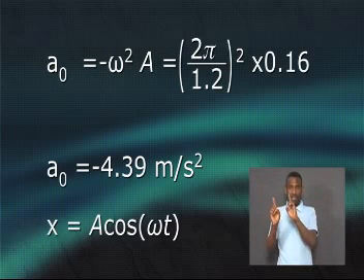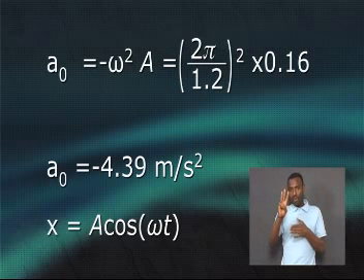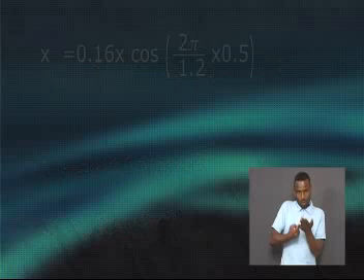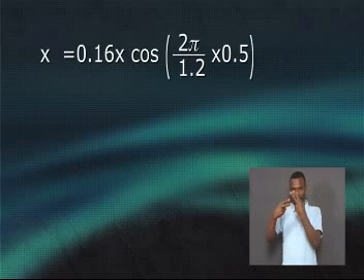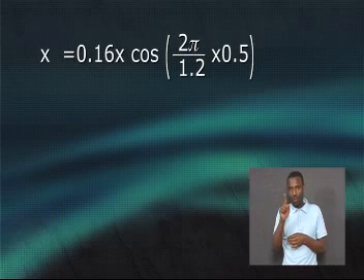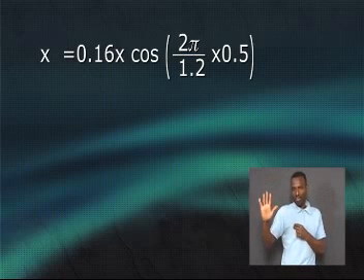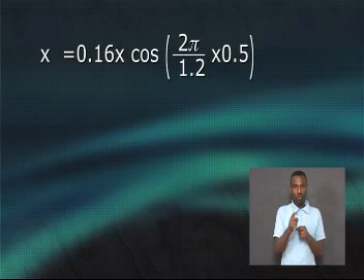The cosine equation for displacement is amplitude times the cosine of the angular frequency times time. Therefore, by substitution, we get 0.16 times the cosine of 2 pi over 1.2 times 0.5.